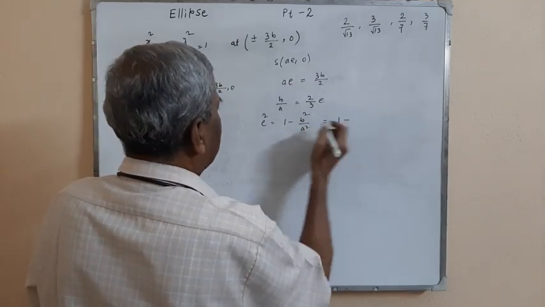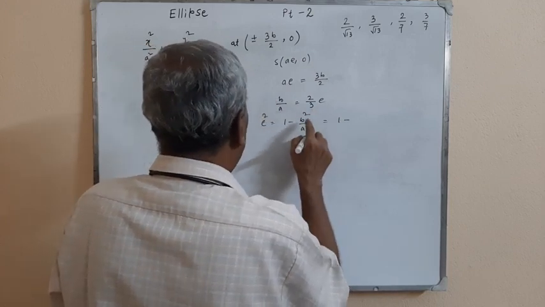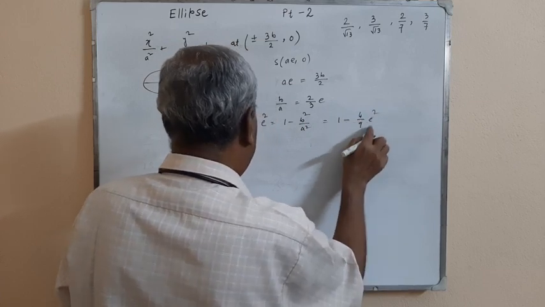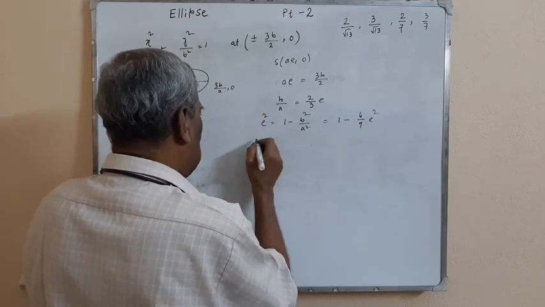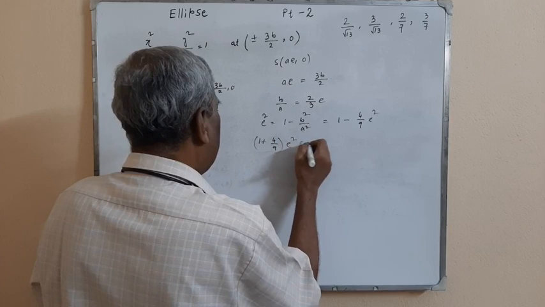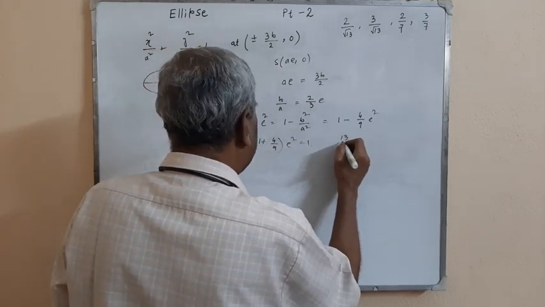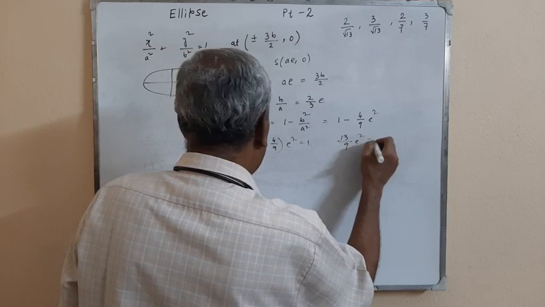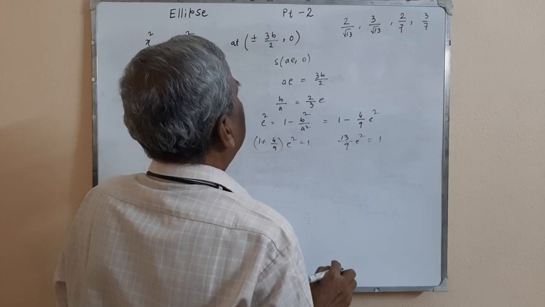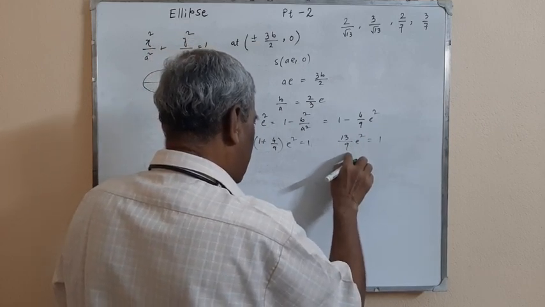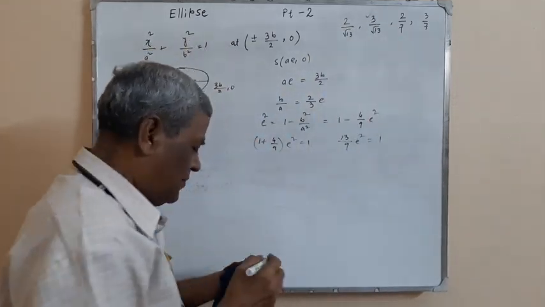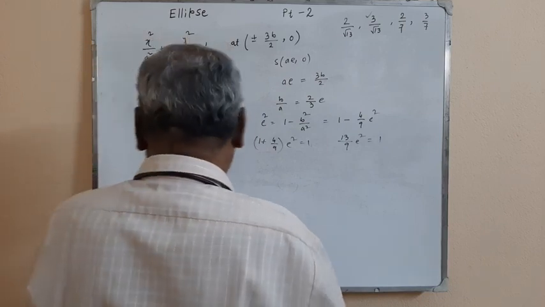So b square by a square is equal to 4 by 9 E square. Taking this to that side, 1 plus 4 by 9 E square is equal to 1. That is 13 by 9 E square is equal to 1. So E square is equal to 9 by 13, E is equal to 3 by root 13. This is the correct answer.